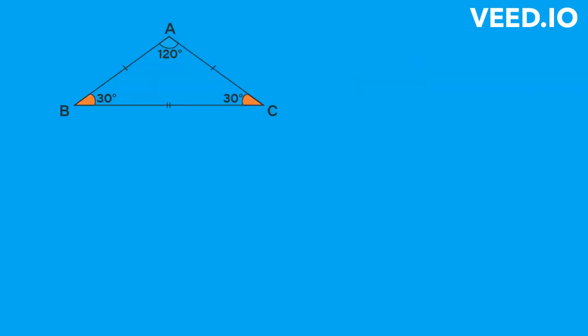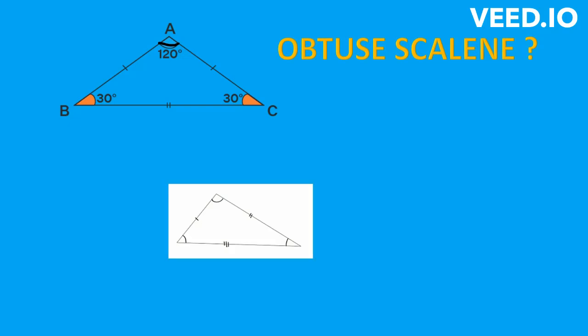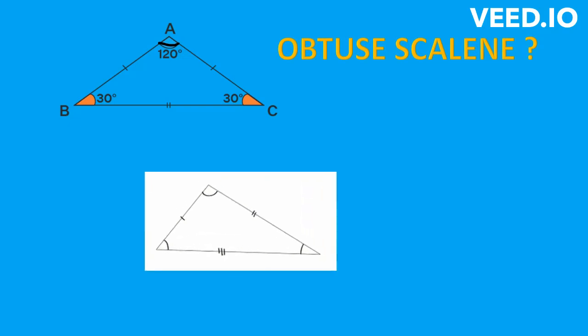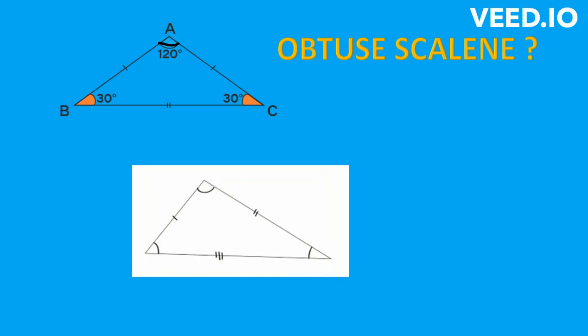We have another triangle here. It is an obtuse triangle, right? Because one angle is greater than 90 degrees. So, is it obtuse scalene? In a scalene triangle, all the sides are different.